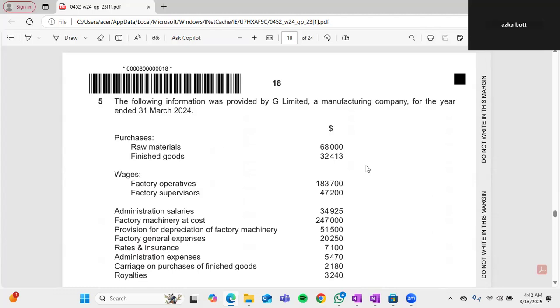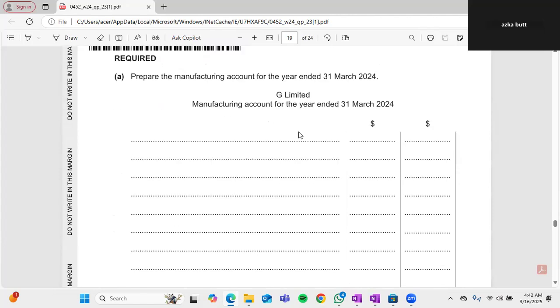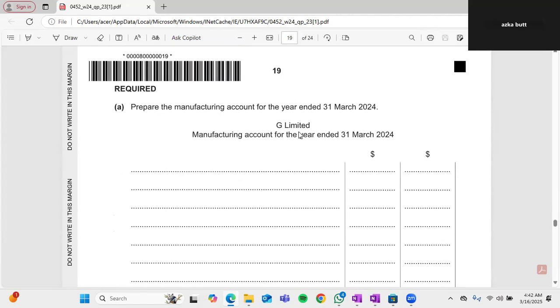As you can see in this particular question, first of all, read the question first. We have to prepare the manufacturing account for the year ended 31st March 2024.